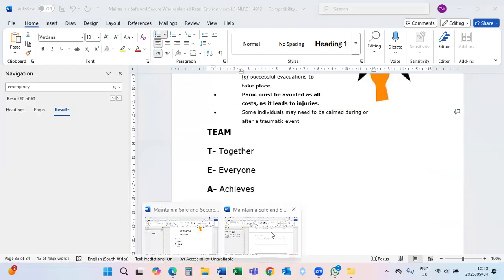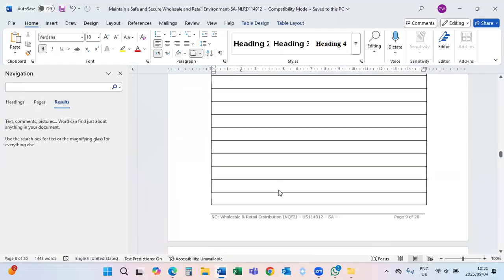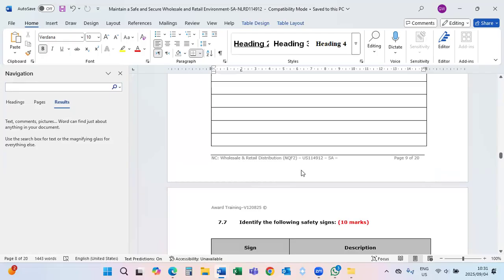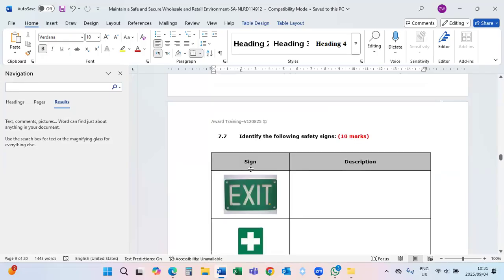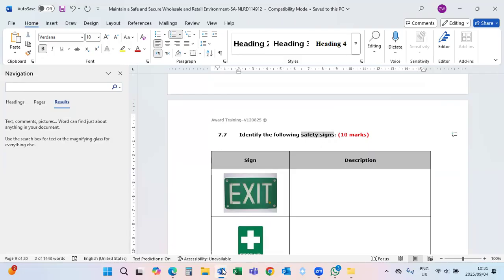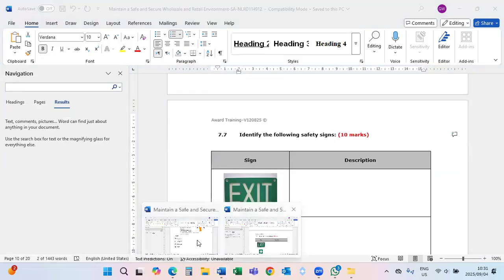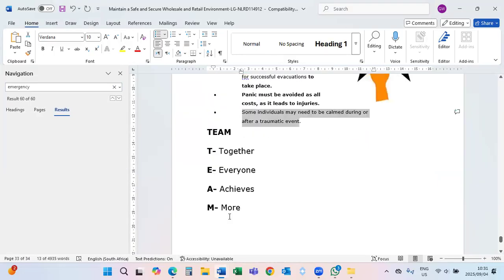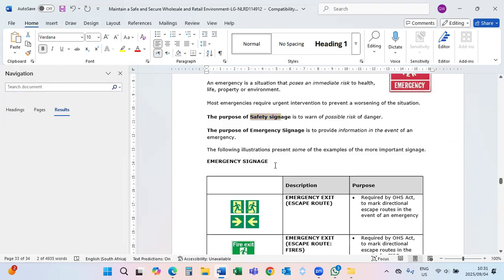Let's see what the next question is here. So we're really looking for your organization, but we try and understand what it is. These are safety signs here. You could look these up on the learner guide and you'll easily be able to identify these. Let's go and see where they are. Okay, so there are the signs here.